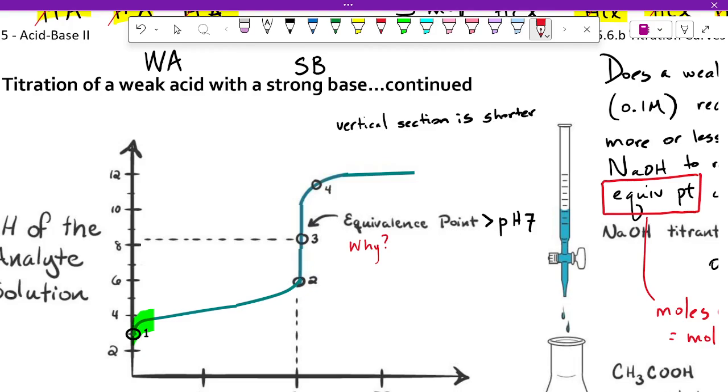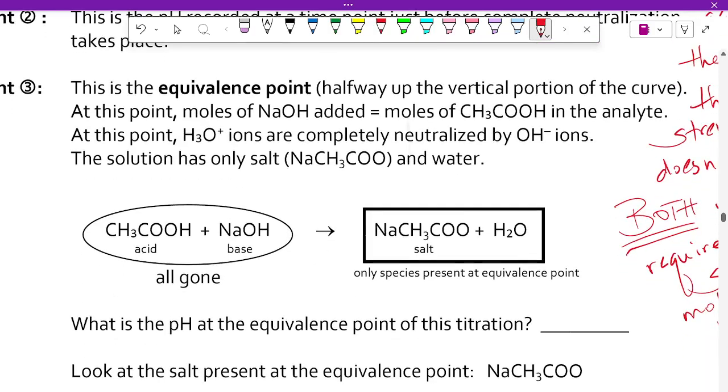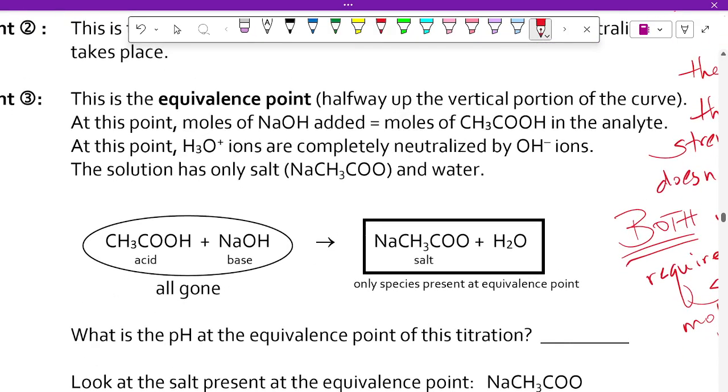What do you have at the equivalence point? You took your CH3COOH, your weak acid, and you took your strong base, and you reacted them all. They're all gone, all reacted. You have no strong base left. You have no weak acid left.